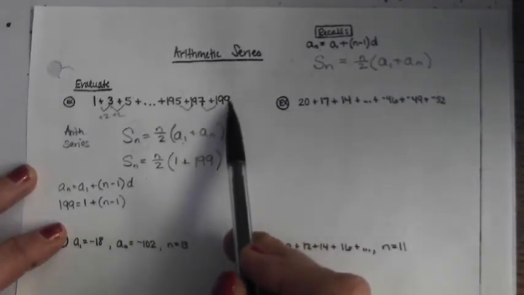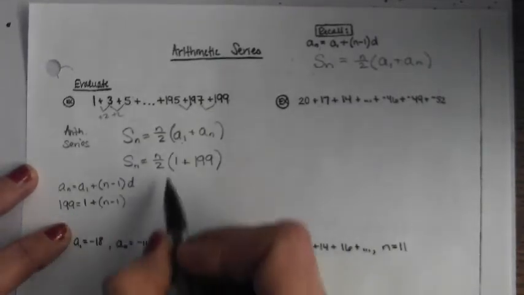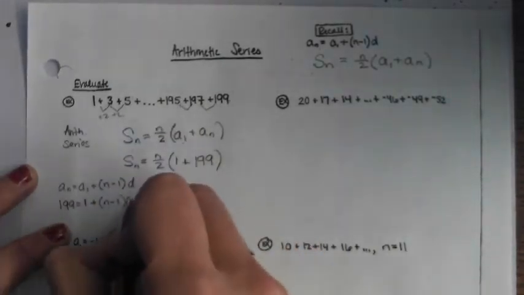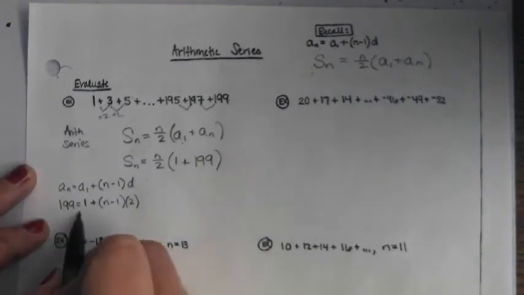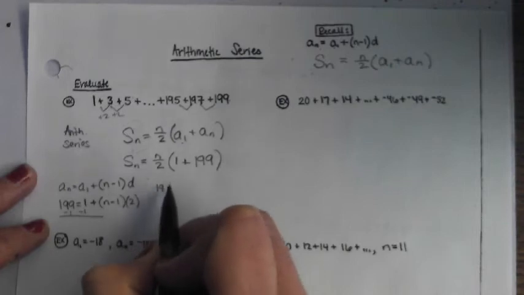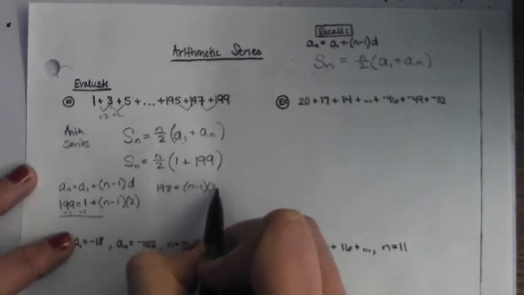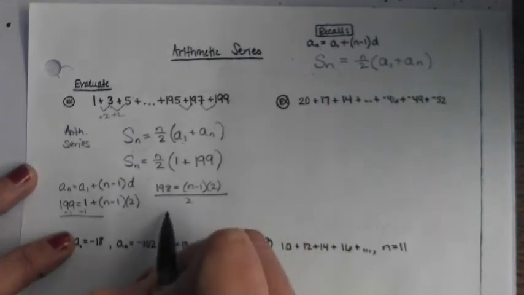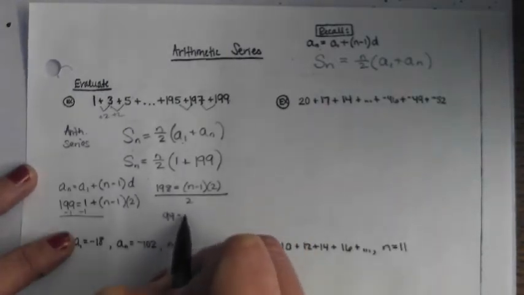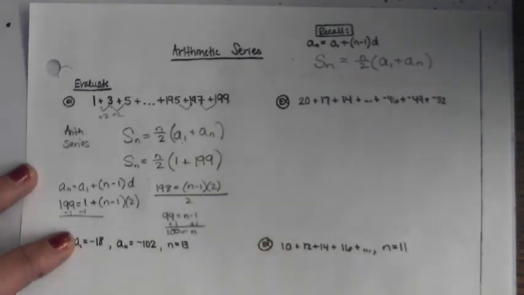As far as the numbered term, I just know that the actual value of it is 199, and my common difference was 2. So just like I had done on the board earlier, subtract 1, I get 198 equals n minus 1 times 2. Divide both sides by 2, I get 99 equals n minus 1. Add 1 to both sides, and your n is 100.